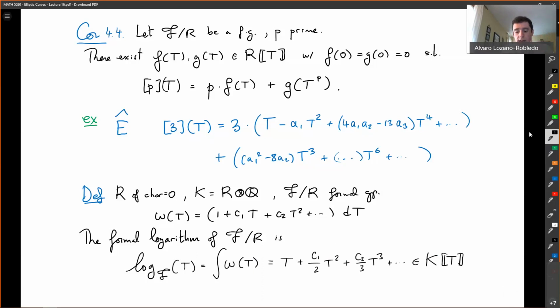Okay? But notice that this power series starts with a 1 times t plus other things. Remember the lemma we proved in the previous video: if your power series starts with a times t plus other things, and a is a unit, then there is a unique inverse power series. That unique inverse power series is the formal exponential.